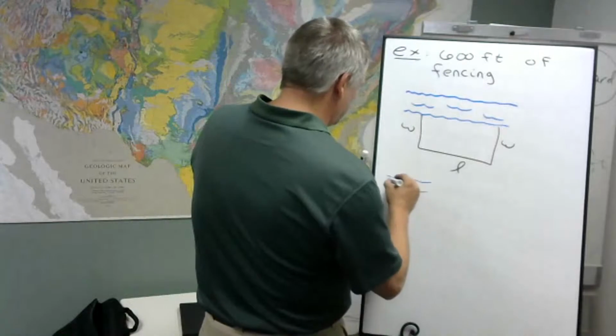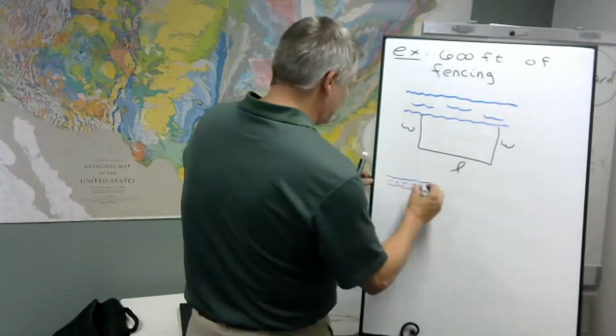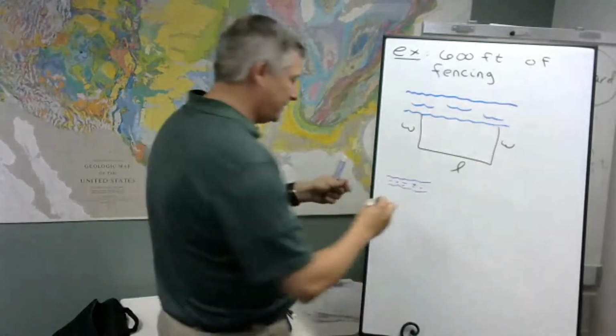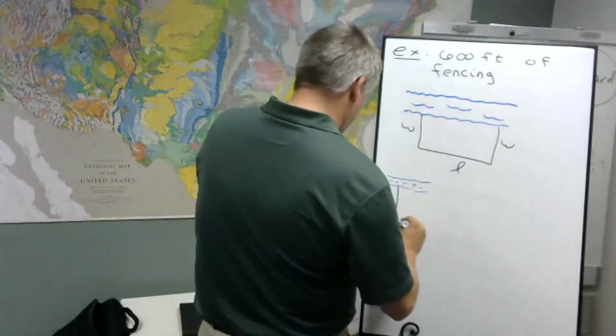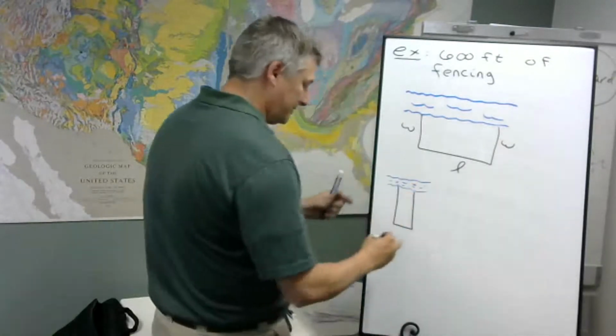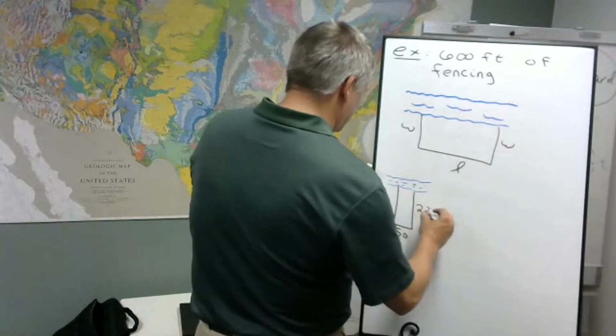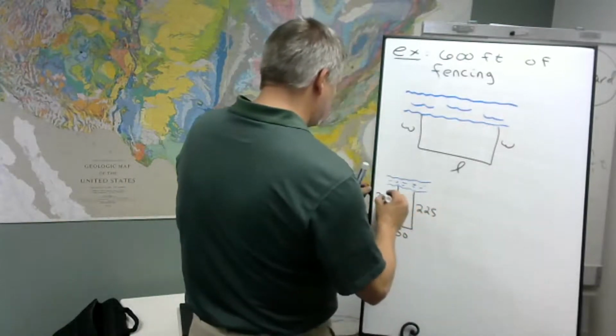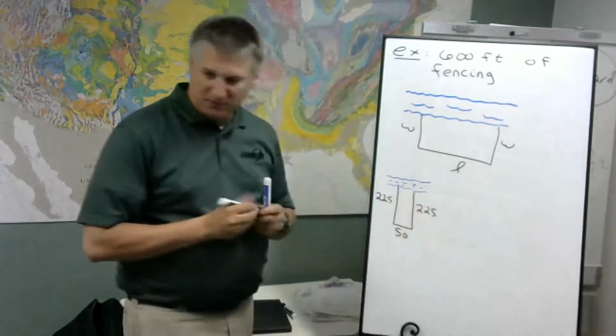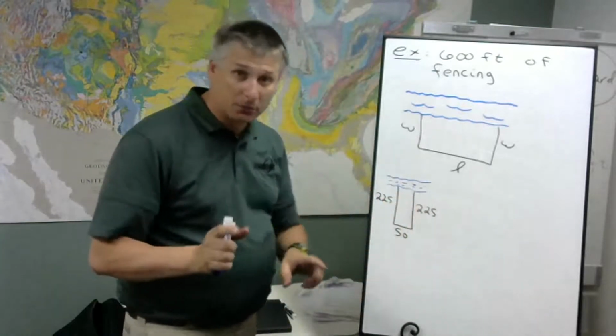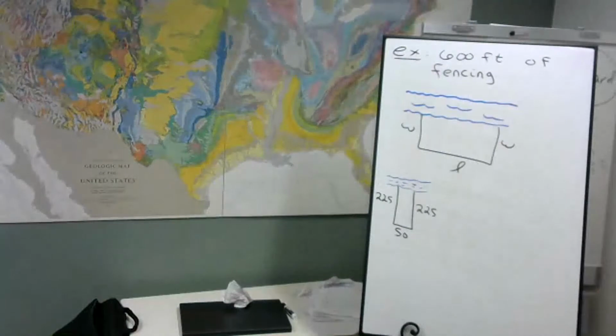So let's say we have a river. And let's say we did a garden like this. Let's say this was 50 feet. This would be 225 and 225. Let me get a calculator here real quick. Pardon me just a moment.